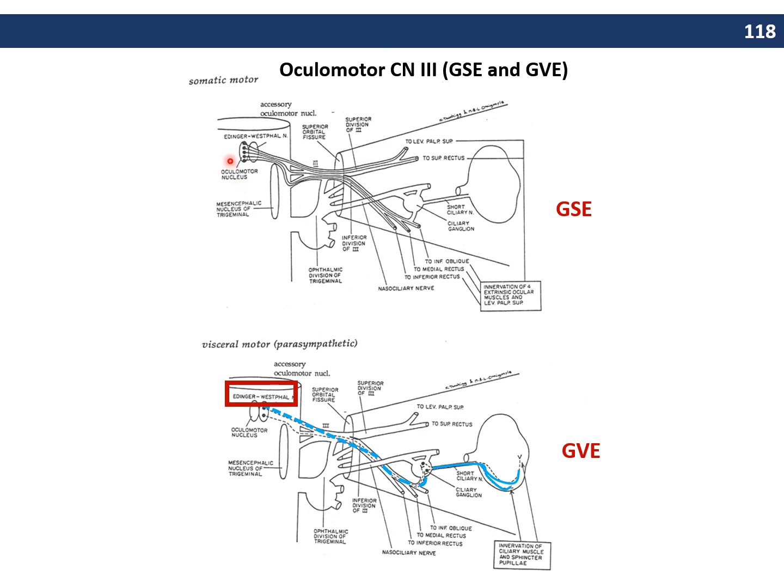However, Edinger-Westphal nucleus is one of the few nuclei that I do need you to know. The oculomotor nucleus, those GSE fibers, innervate those ocular muscles, with the exception of the lateral rectus and the superior oblique.